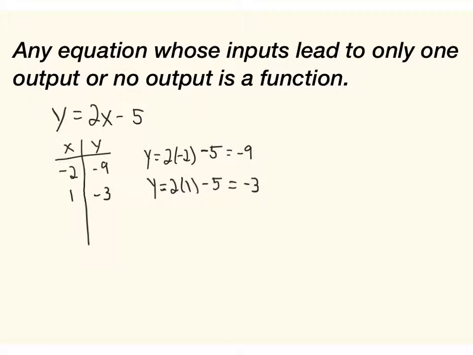So therefore, the equation in this case is a function. By the definition, it creates ordered pairs, and the ordered pairs are made such that no input value can create two different output values.